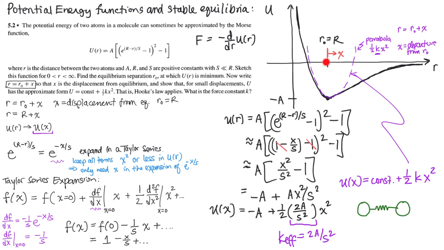So what this is saying is near this equilibrium position, the atoms will be a certain distance apart, and that distance will be capital R. And that's kind of the equilibrium position.